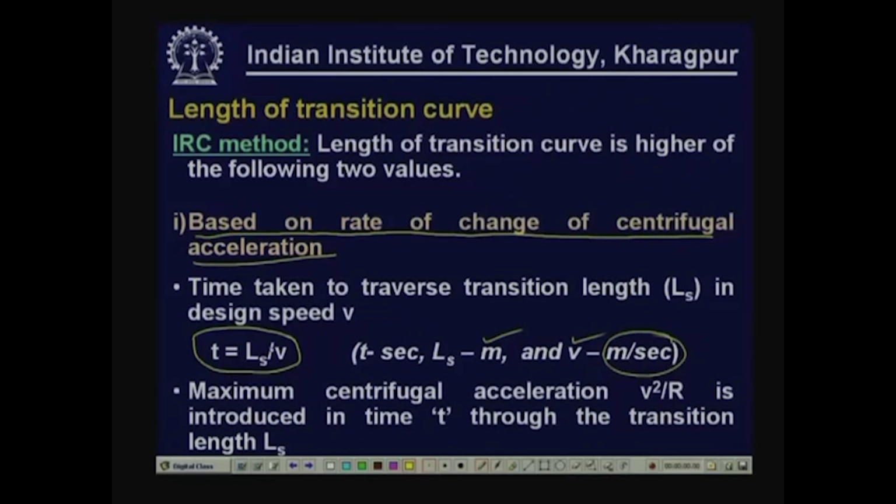Now, this maximum centrifugal acceleration, what is the value? It is nothing but V square by R, because centrifugal force is W by g times V square by R. The maximum centrifugal acceleration corresponds to this value V square by R, and this is introduced over the transition curve length.